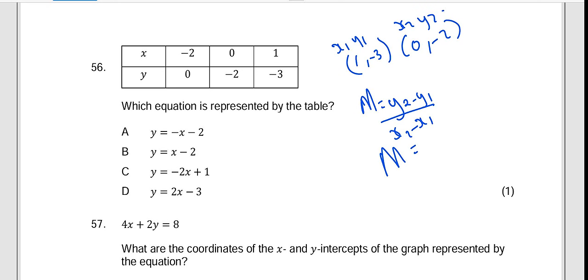And then m is going to be y2, which is -2, minus y1, which is -3. Or you can say y1 minus y2, but this is still fine.